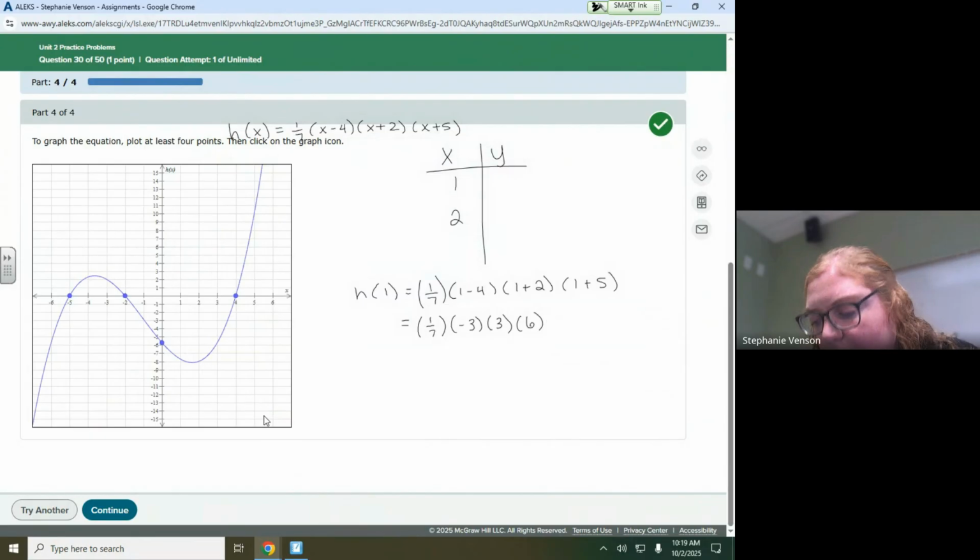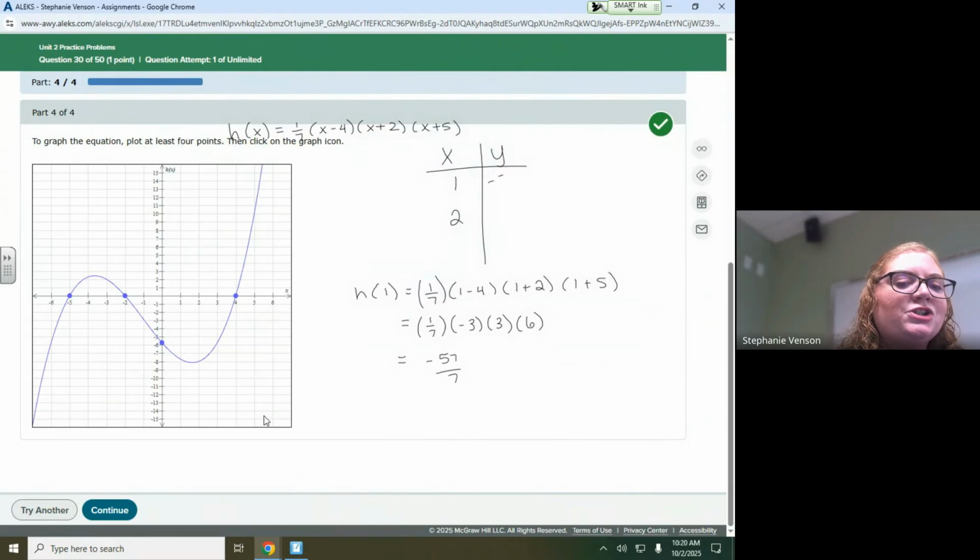So that's what I would put in my calculator: 1/7 times -3 times 3 times 6. Oh man, I typed it wrong. Okay, and then you change it back to a fraction, you get -54/7.